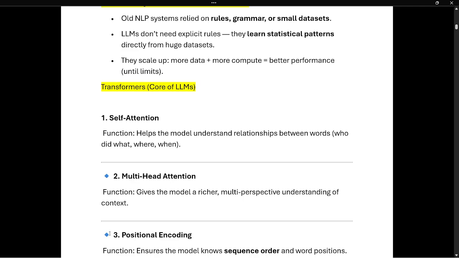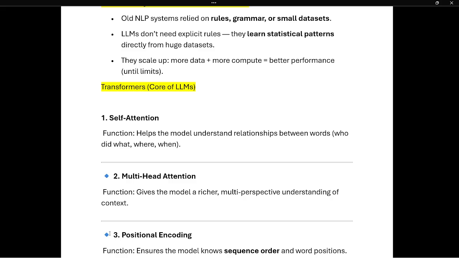Imagine you are reading a sentence like 'the cat sat on the mat'. To understand 'mat' you need to remember 'cat' and 'sat', right? Self-attention is a mechanism that lets every word look at the other words. If we are finding the meaning of 'mat', we need to find the weightage of 'cat' and 'sat' in this sentence and decide which one matters most.